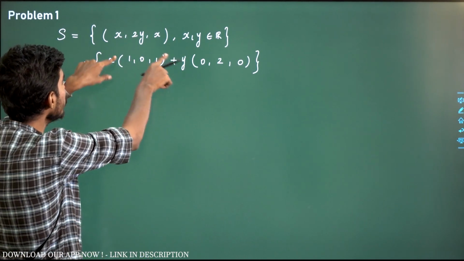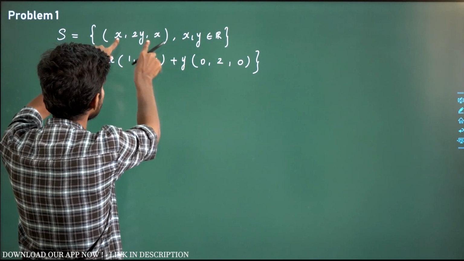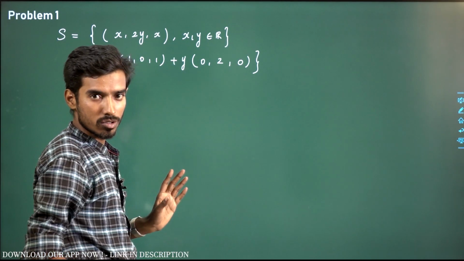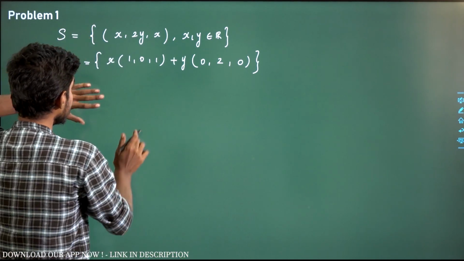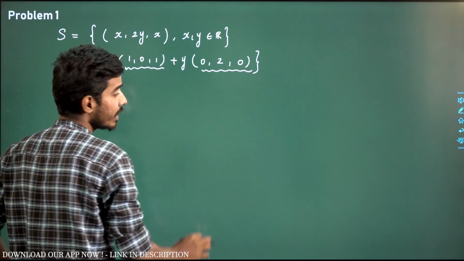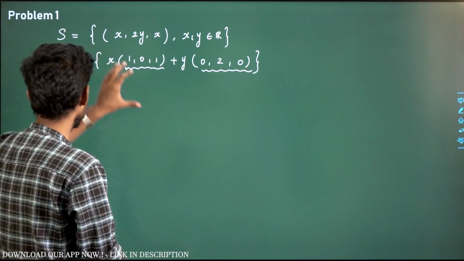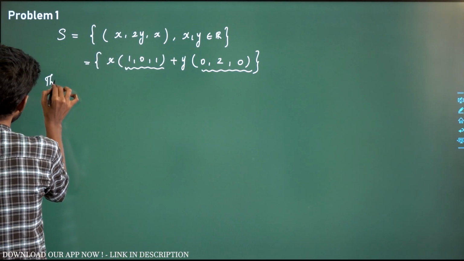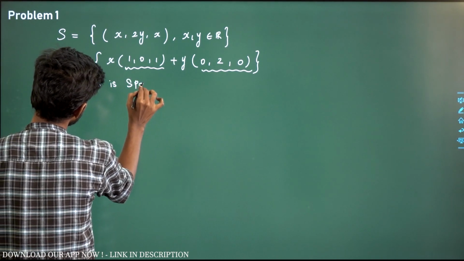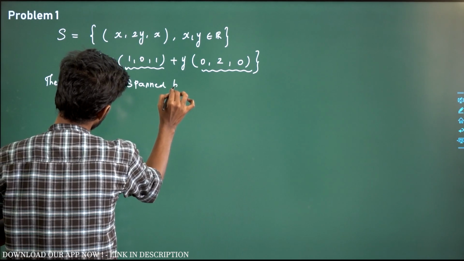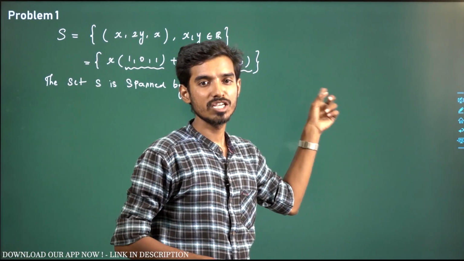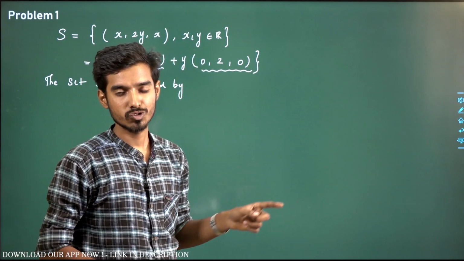If you add these two, you will get x plus 0, 0 plus 2y, x plus 0. That means the set S is spanned by these two elements. I can span the entire set with the help of these two elements.